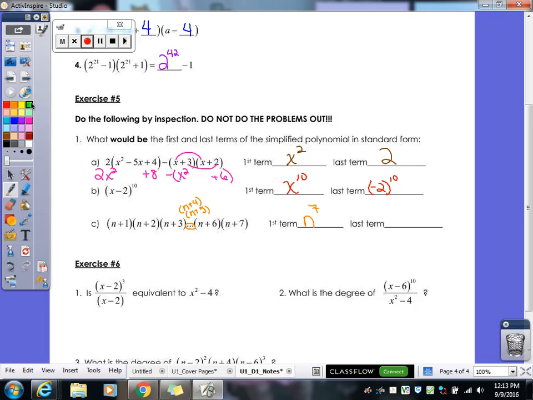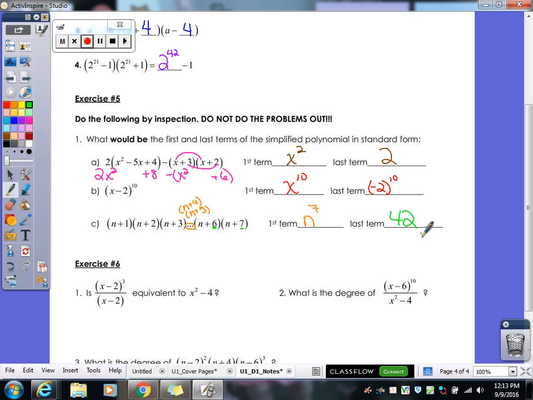Our last term would be what? It would be just those two numbers multiplied. Does anybody know why it would just be the 6 and the 7 times each other? Reason being, this would be 42.